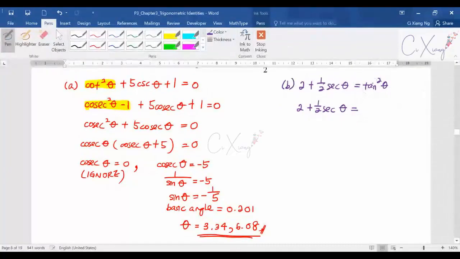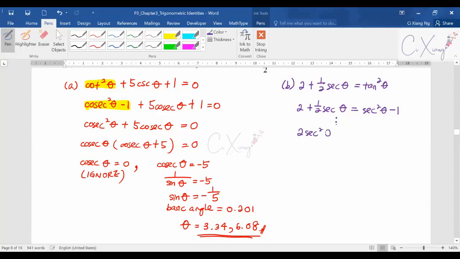Tangent square theta, you can write as secant square theta minus 1 if you follow the trigo identity that we learned just now. Now the whole equation becomes one with only one type of trigo.